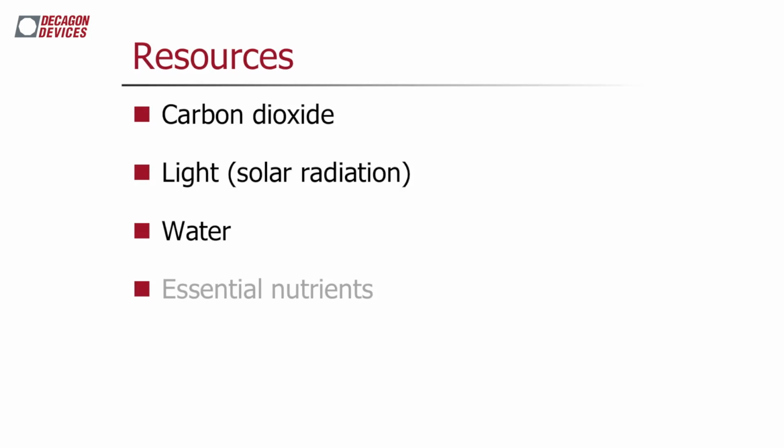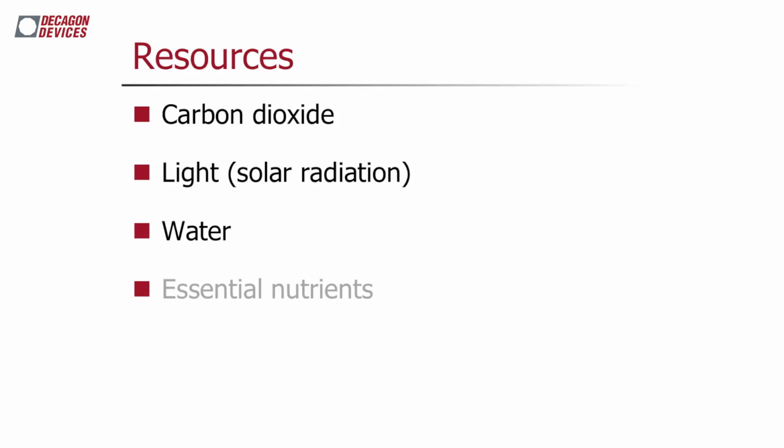Now, we're going to focus in on three resources, three things that I would like to study, being an environmental biophysicist and someone who looks at the soil-plant-atmosphere continuum and tries to understand this resource capture, how it happens, and how we can eventually go from making measurements in the field to actually modeling this. And we're going to talk about these three things. First of all, carbon dioxide, and light or solar radiation, and then water.